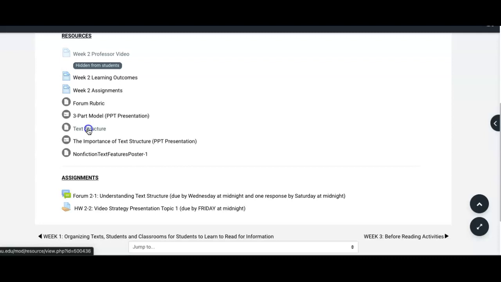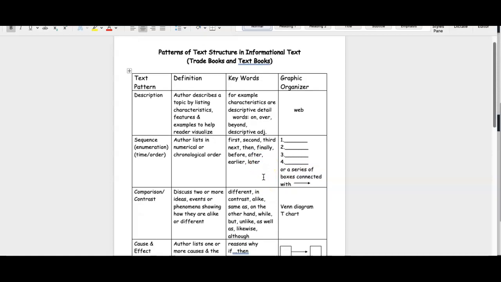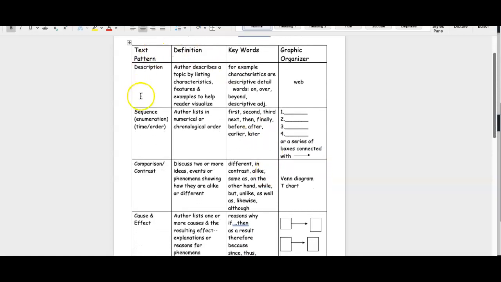Bear with me. This goes along with patterns of text structure. There's description, and the children know because the author describes a topic by listing characteristics, features, and so on.